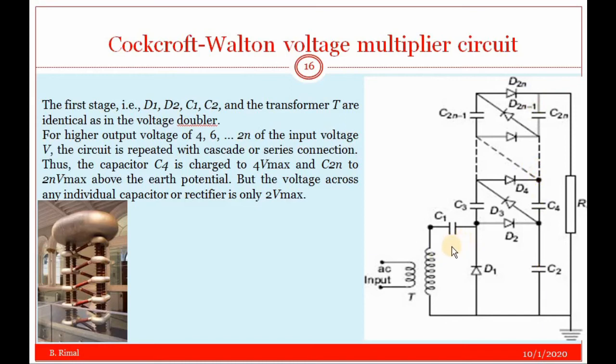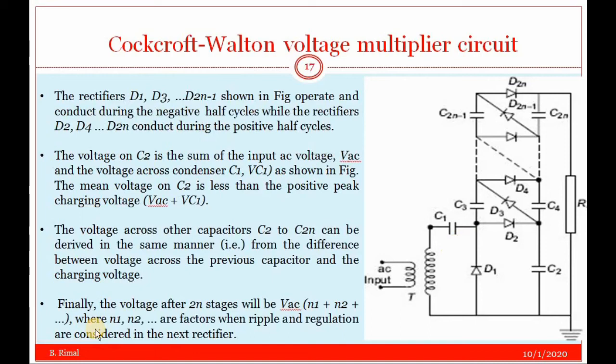Here these diodes D1, D3, D5, D2n minus 1 will conduct on negative half cycle, while D2, D4, D2n will conduct on positive half cycle. And this is the AC transformer.